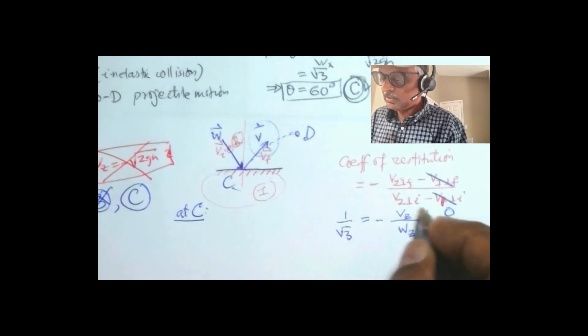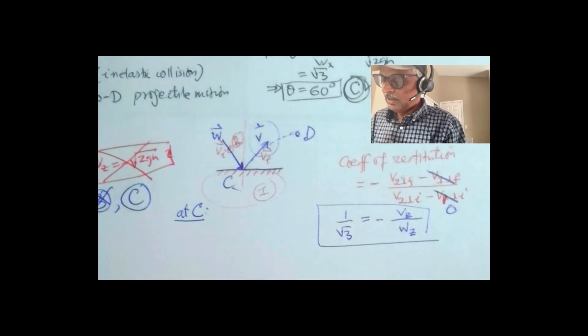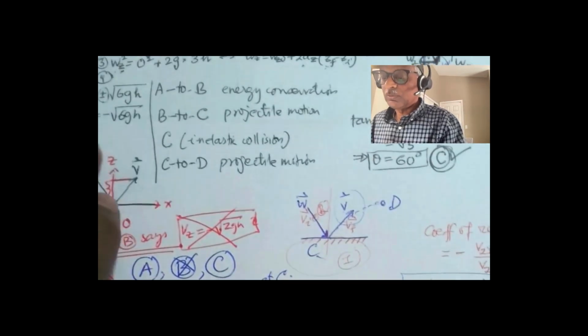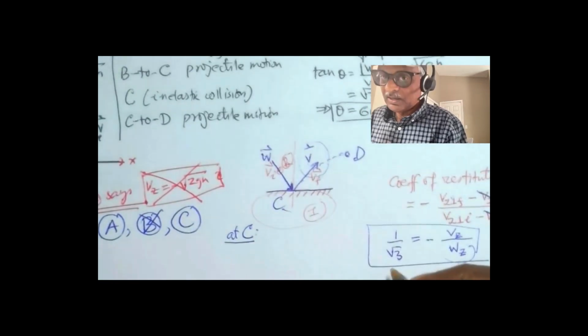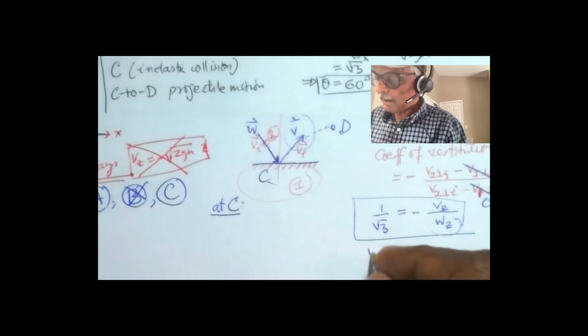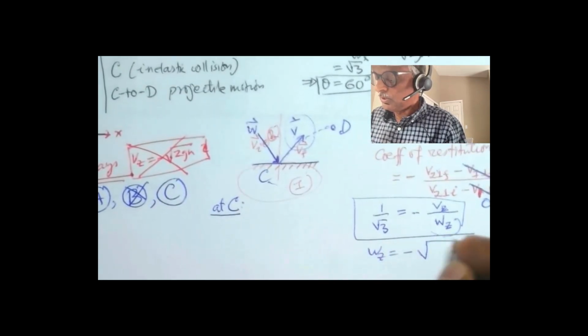So from this, because we know what WZ is, worked out earlier, WZ was minus square root of 6GH.